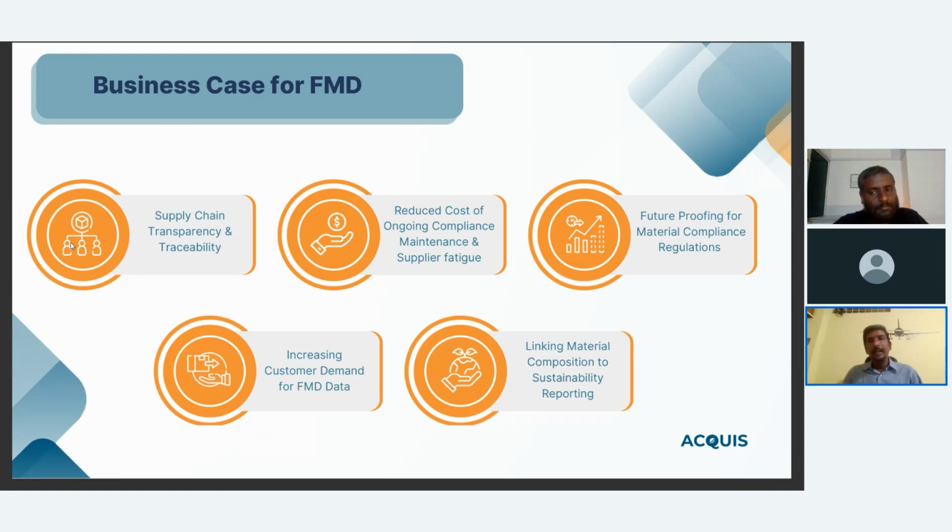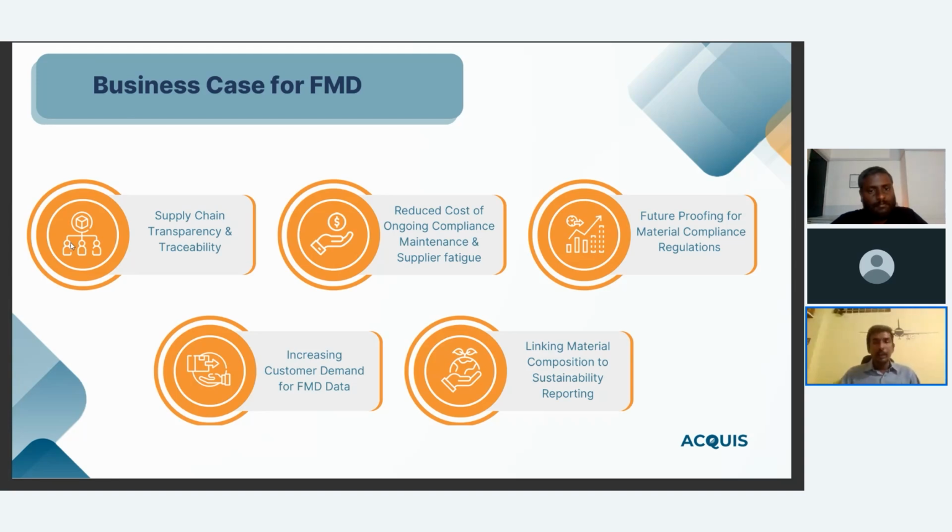But fundamentally, demand is growing. A lot of our customers are coming back and demanding full material disclosure. Sometimes they are asking for this in their procurement policy itself. If it is one or two customers, earlier you would have said no, we don't have it.